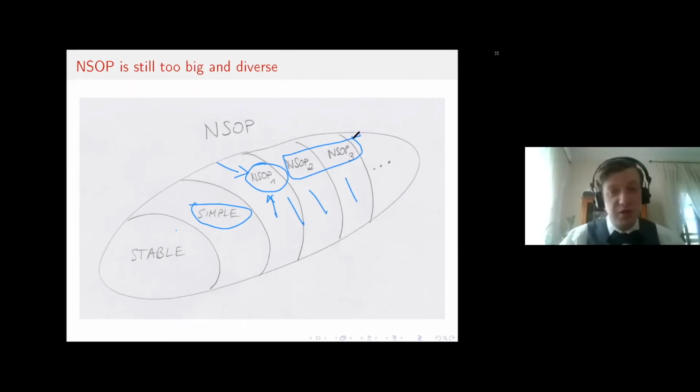Also, in the case of NSOP1, if you remember, there was this example of a vector space with a bilinear form over a field which is algebraically closed. This theory has a nice natural notion of independence, which works better than the model theoretic notion of independence from this picture.